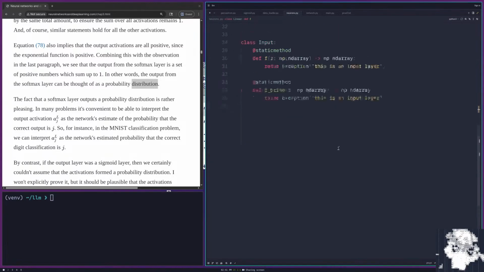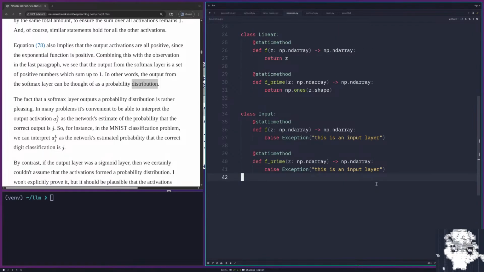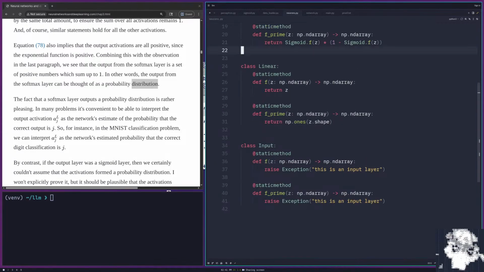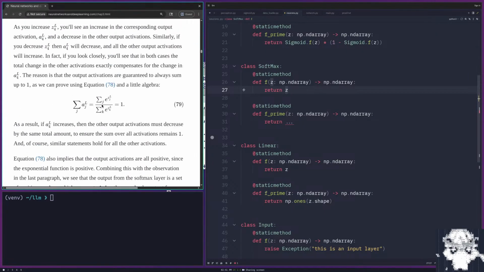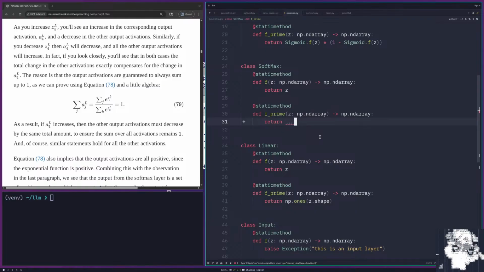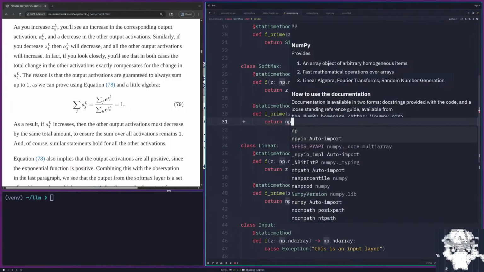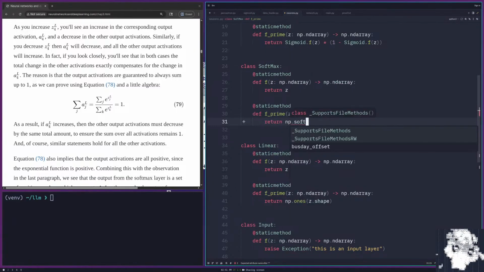So let's add a softmax layer. I don't know what its derivative is, but I'm guessing I can probably do np.softmax.